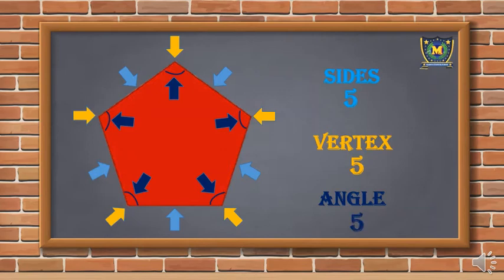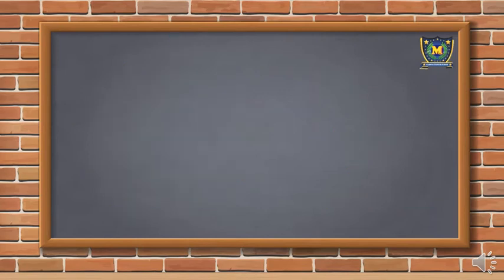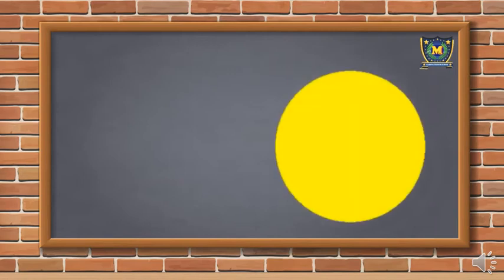And now let's have another shape. It is one of the circular shapes, and its name is circle. Now let's count how many sides, vertices, and angles a circle has. Okay, let's start on the side. Now a circle has only one curved side. Again, a circle has only one curved side.